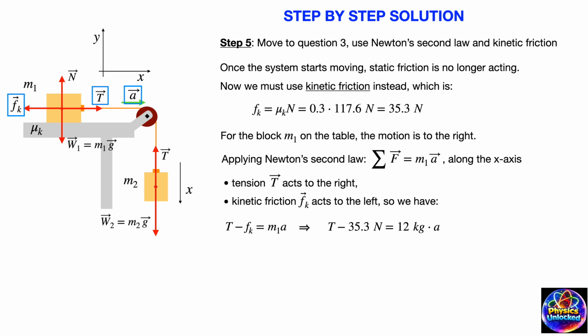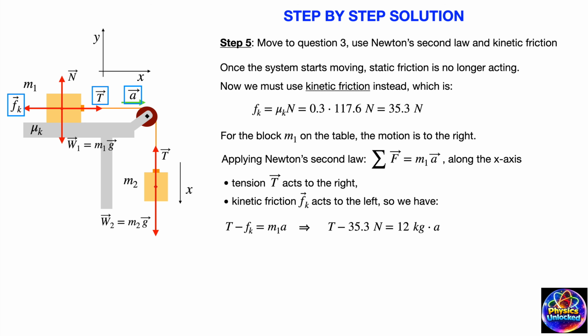In this case, we may write down that T minus Fk equals M1 times A, and this implies that T minus 35.3 newtons, which is Fk, equals 12 kilograms, which is the mass of block number 1, times the acceleration. And we have the first equation in this case.